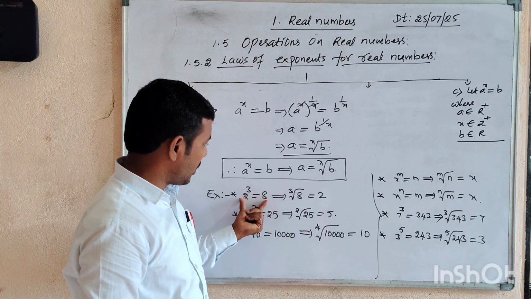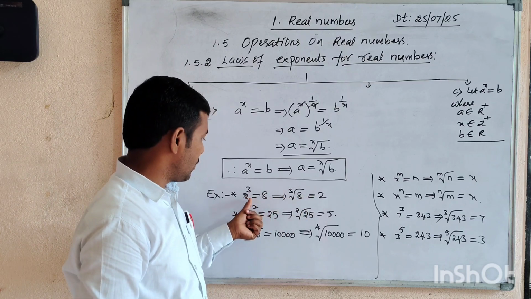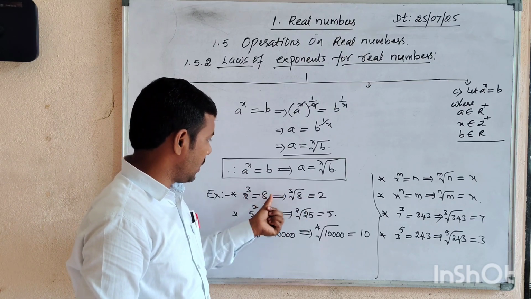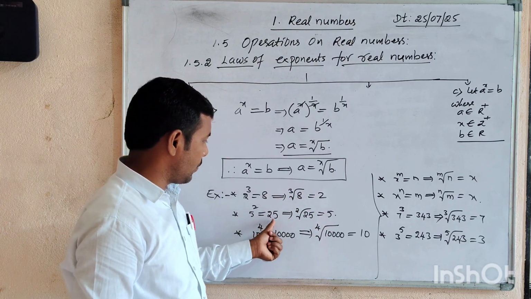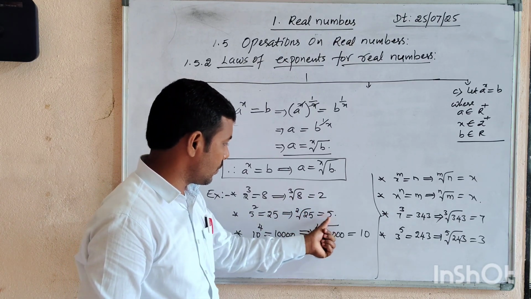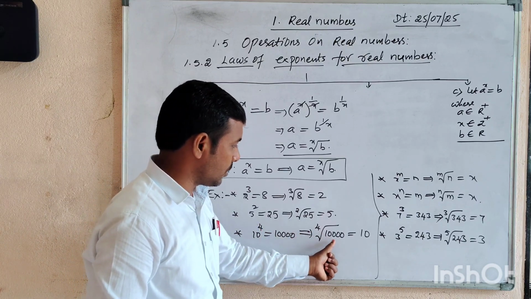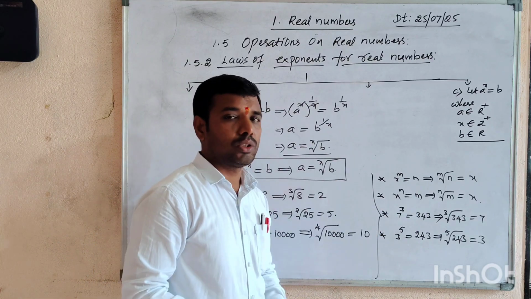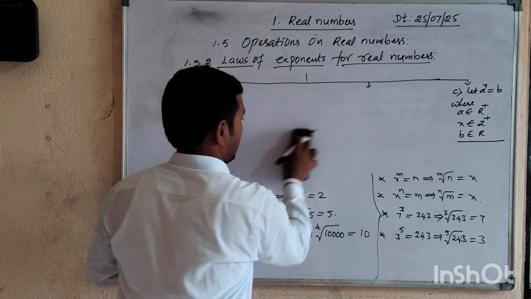So it is exponential form, and it is nth root notation. 2 power 3 is equal to 8, cube root of 8 is equal to 2. 5 square is equal to 25, square root of 25 is equal to 5. 10 power 4 is equal to 10,000, fourth root of 10,000 is equal to 10. In such a way. One more, last.